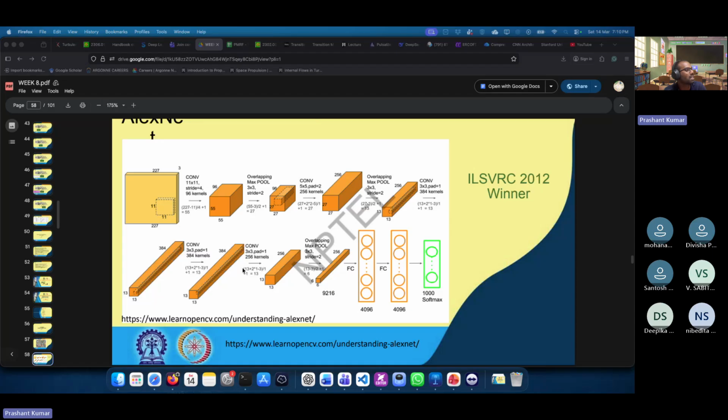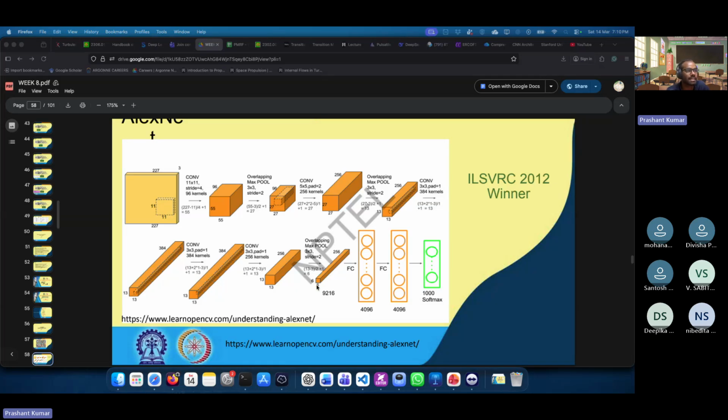And now we have built the features, and there might be some noise, so we are doing another pooling. Then we have got an overall output of dimension 6 cross 6 cross 256. Then I have fed it to an MLP of 4096.